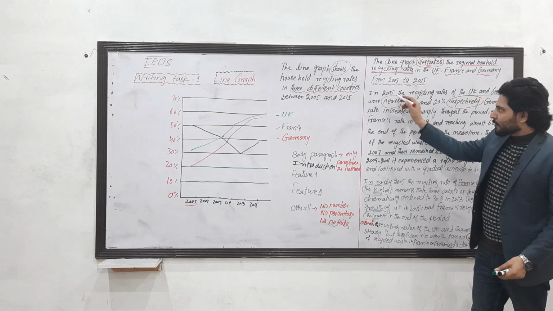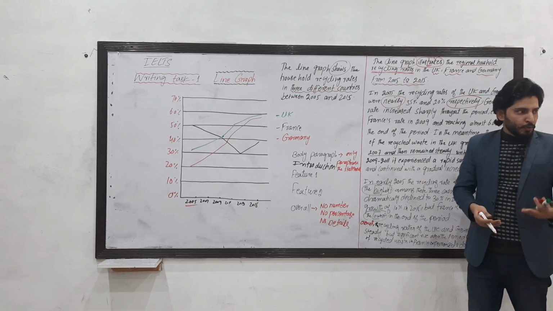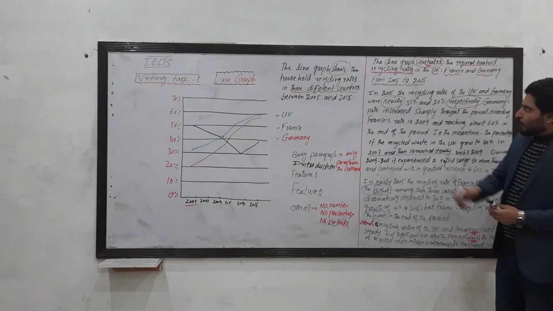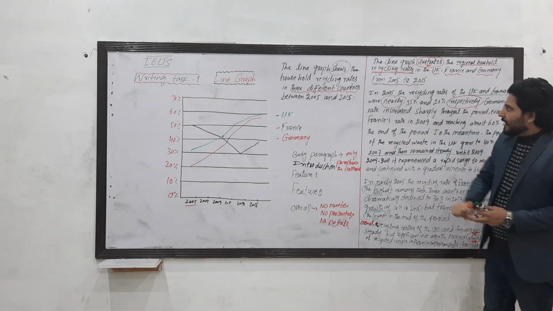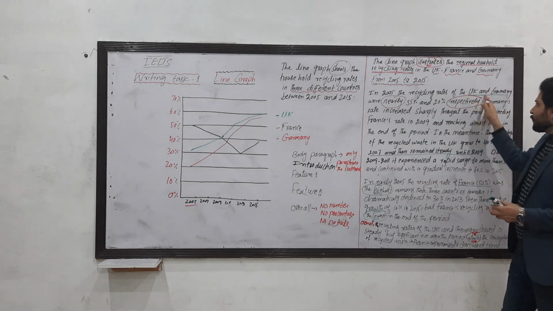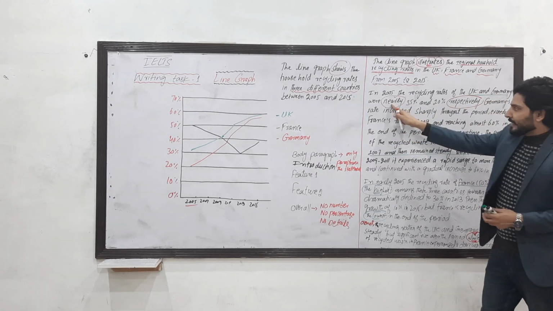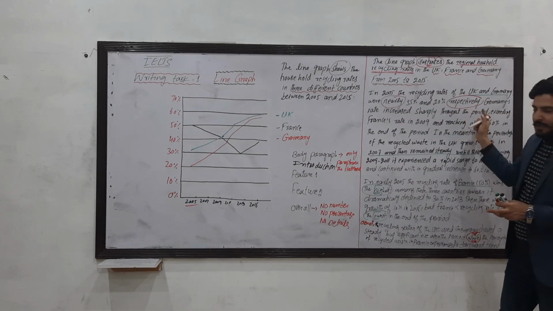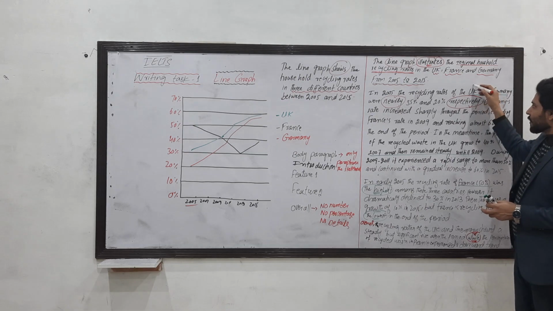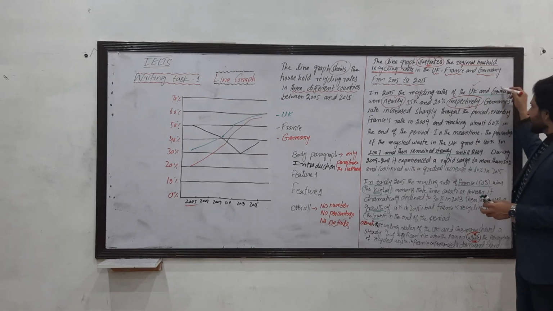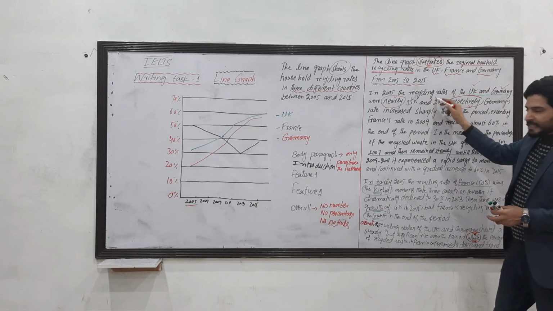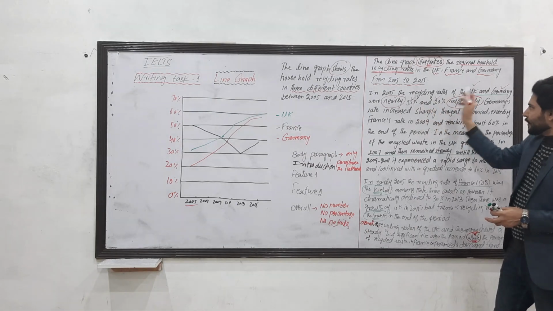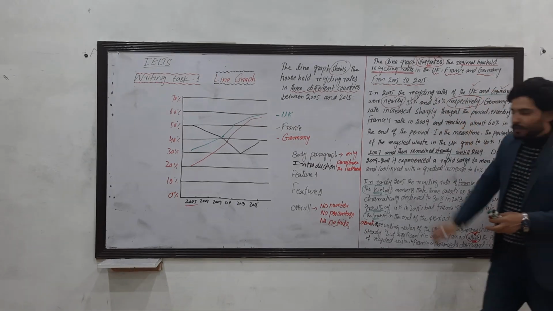So that's why we will use the word nearly, almost, about. Respectively means first we talked about UK and then Germany, and these are given in the same order. First one is of UK and the second one is of Germany.